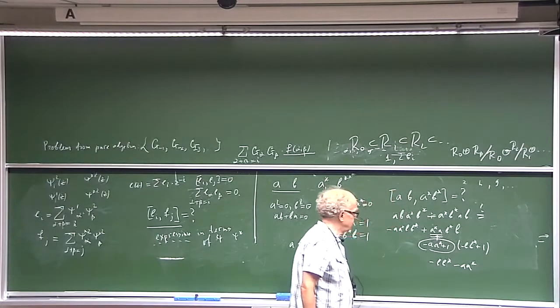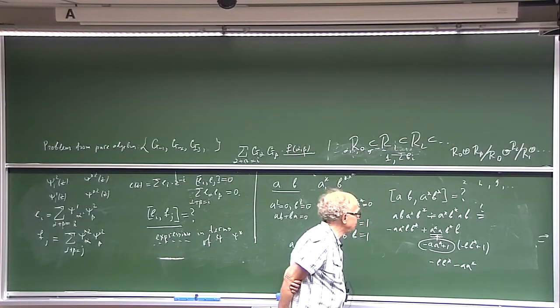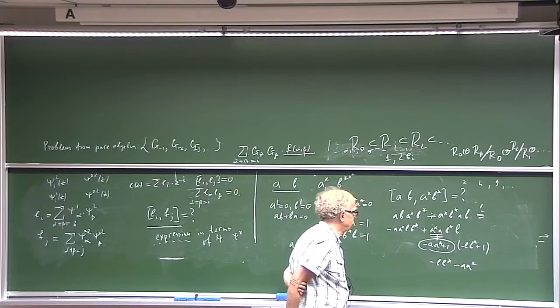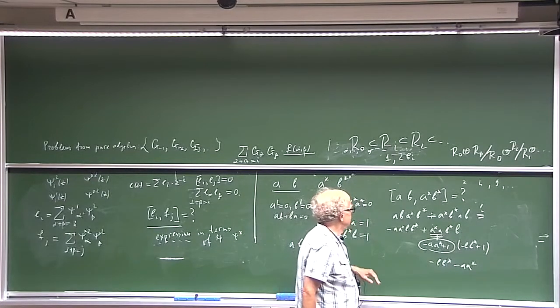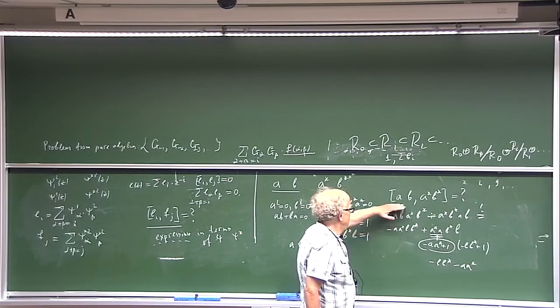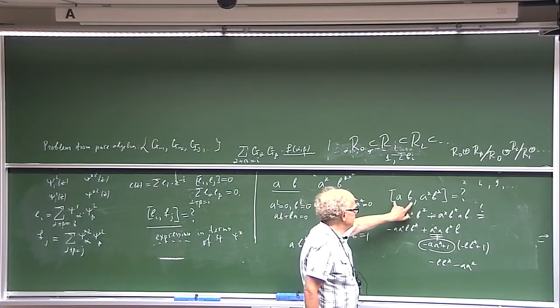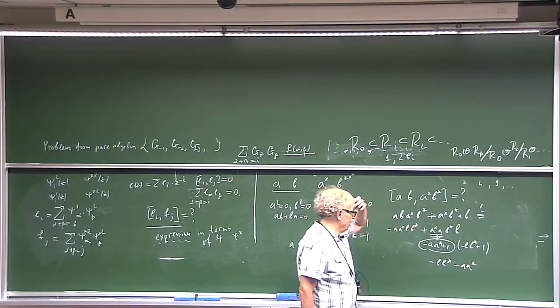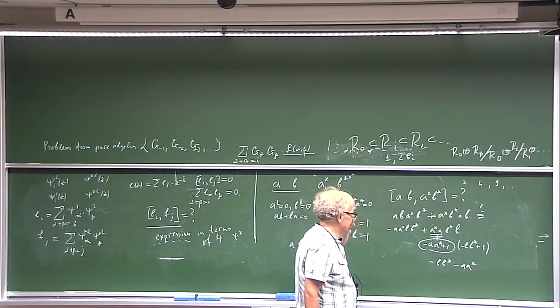Yes, and so this is the result of a calculation, and we see something from that. We see that we take quadratic things with quadratic things, and then I calculate the bracket.